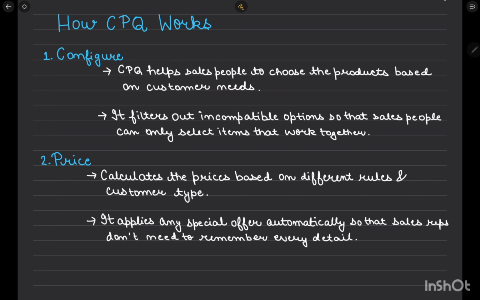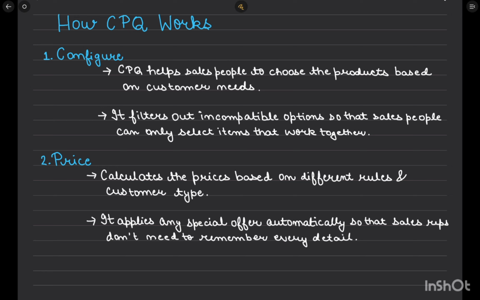So let's suppose a customer wants a printer and extra ink cartridges. CPQ would ensure that the cartridges we provide with that printer fit into that printer, so that it is compatible and we could use that, right?